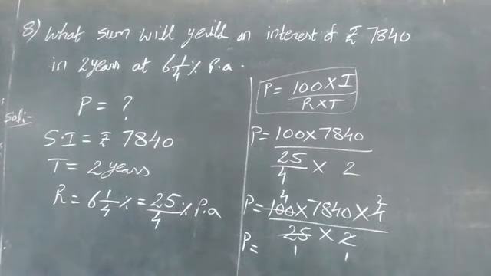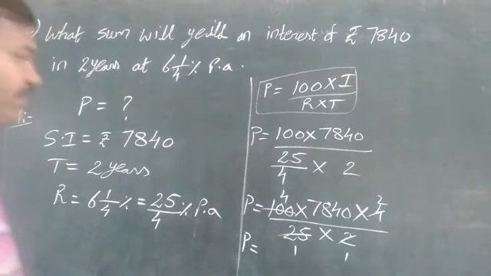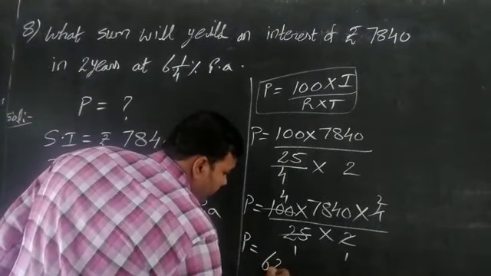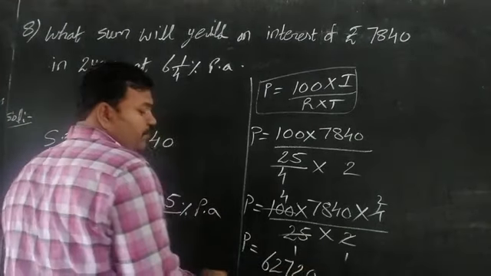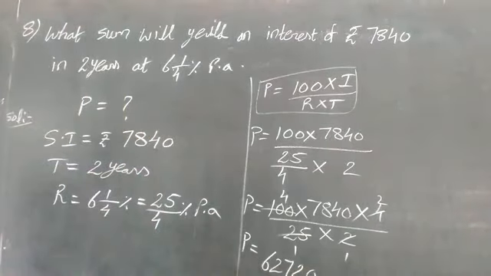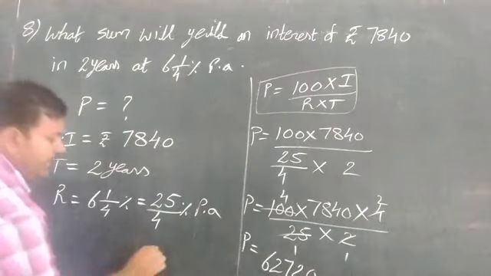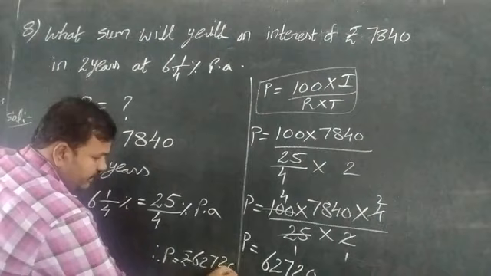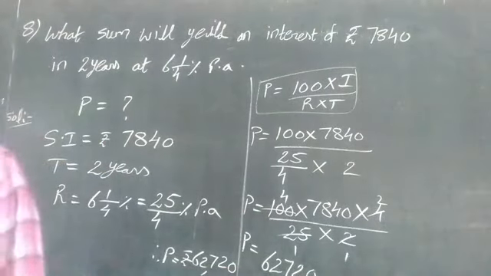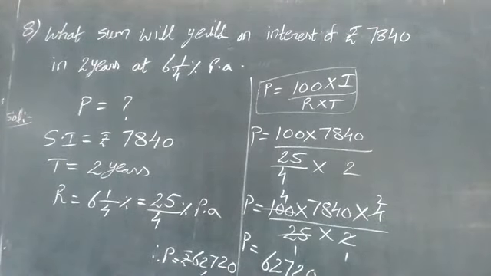So the multiplication answer is 62720. Therefore, the principal for this sum is 62,720. This is the answer for that sum.